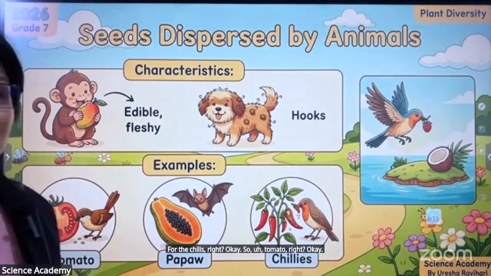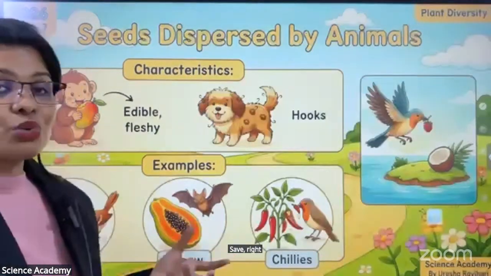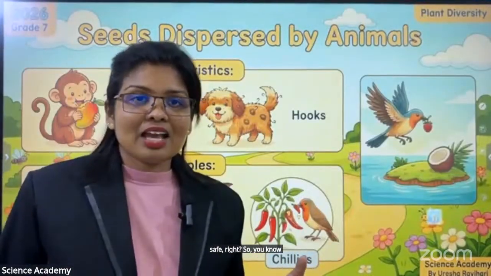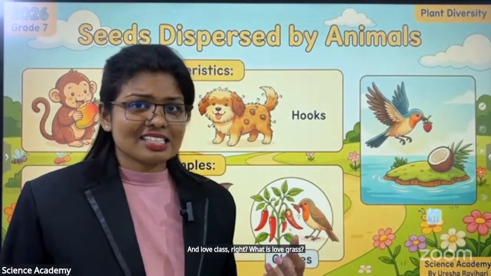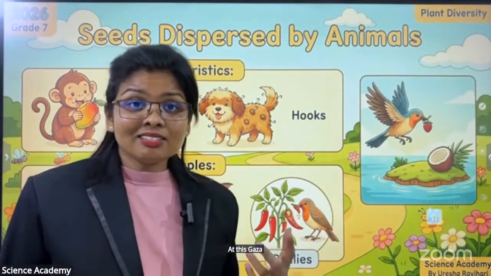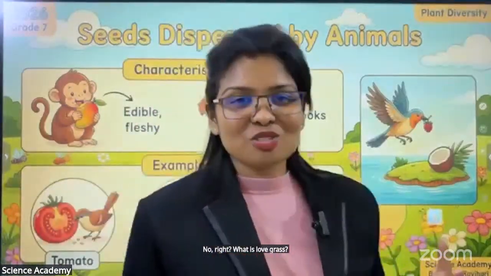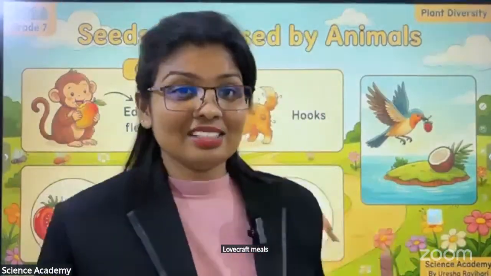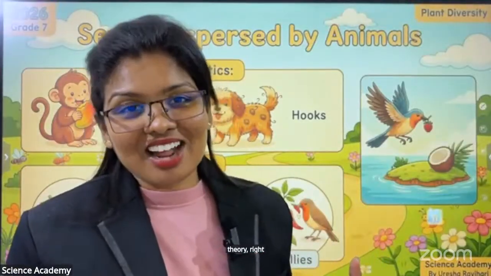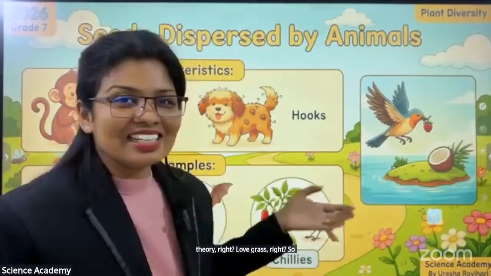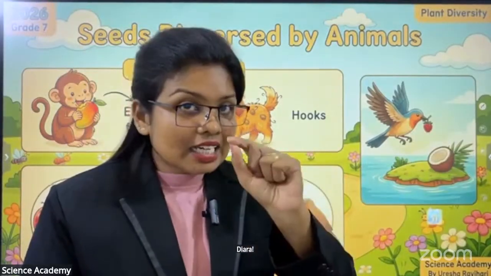Children, there are some other seeds, like Nangadarana and love grass. What is love grass? Is this grass living? No. Love grass is the tuttiri.